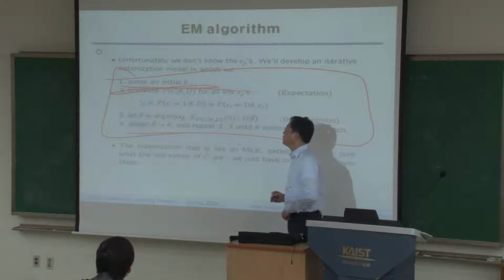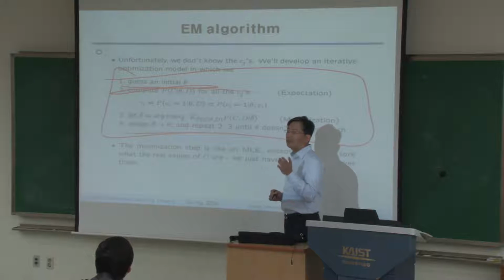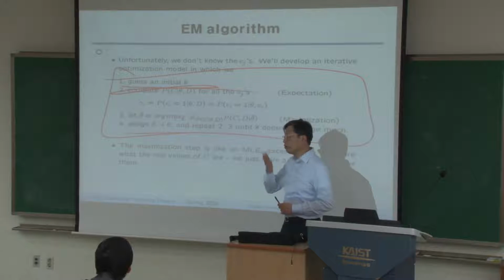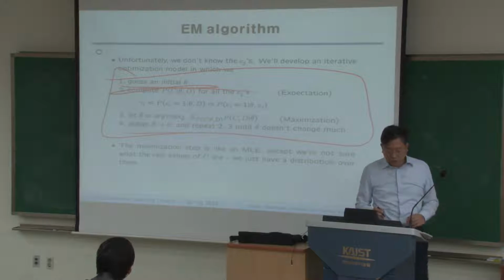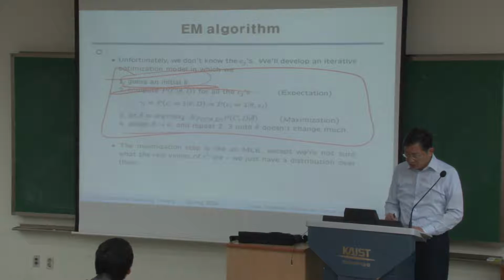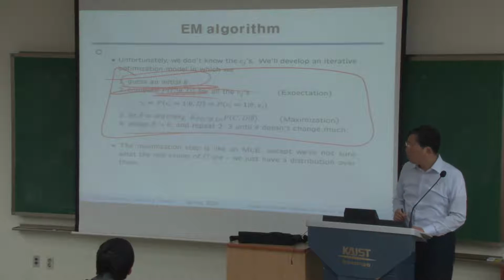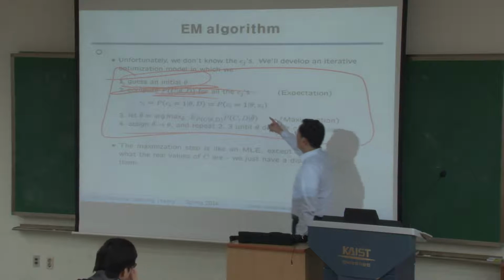You make an initial guess of the mean value, variance, and also the mixture probabilities, the pis, or the probability of being red, blue, and green, and so forth. Then you compute from this. You can compute for each of the data.